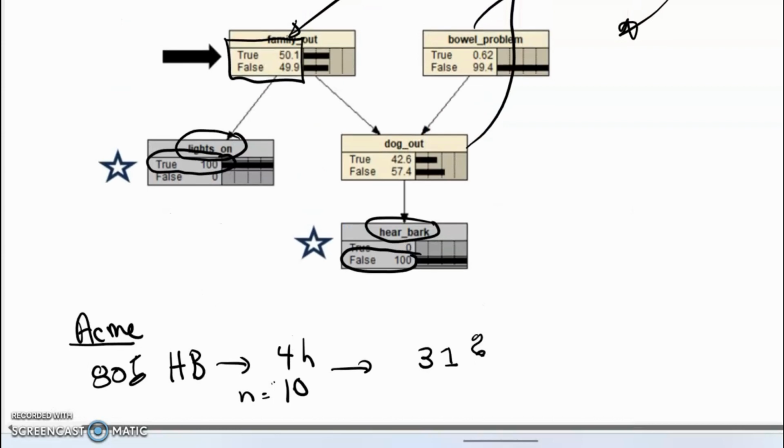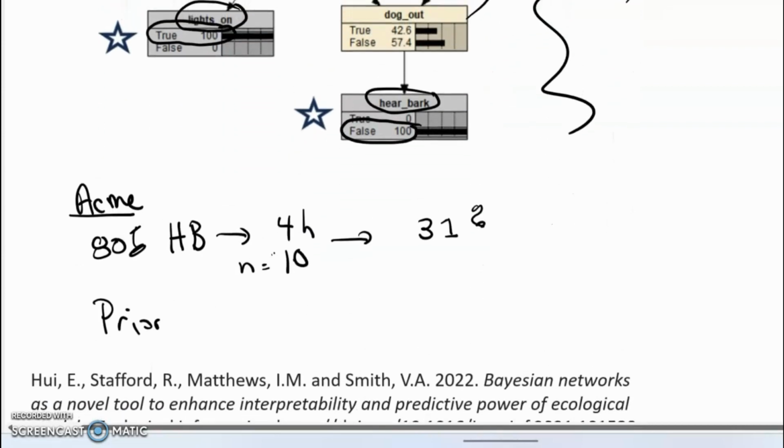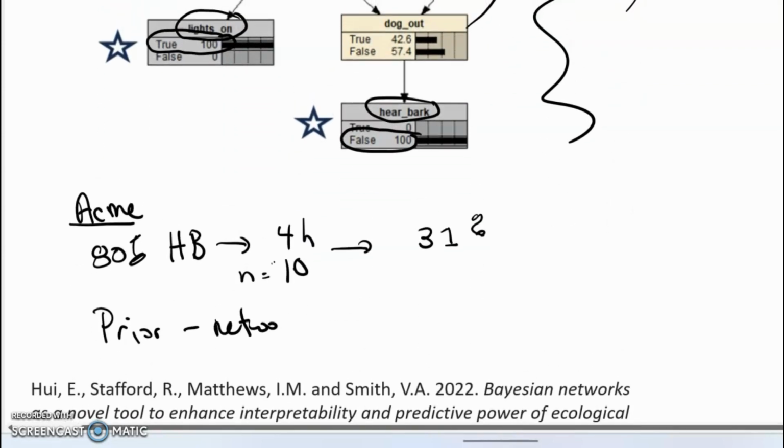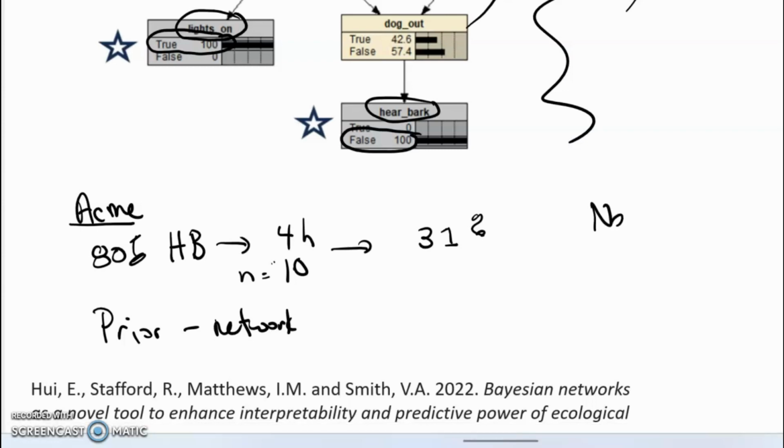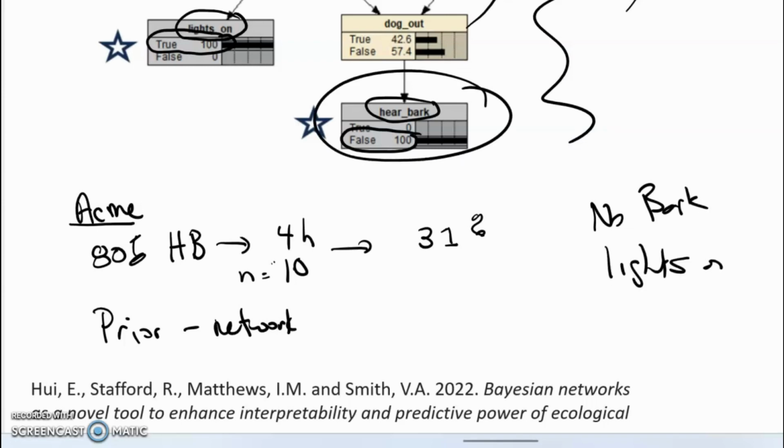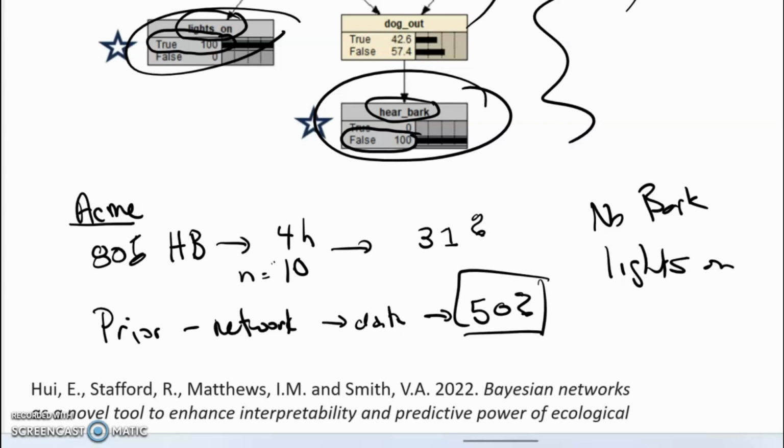Then we're going to create this complicated network. Then we're going to get some data: no bark, lights on. We wind up with the posterior probability of the family being out of 50%.